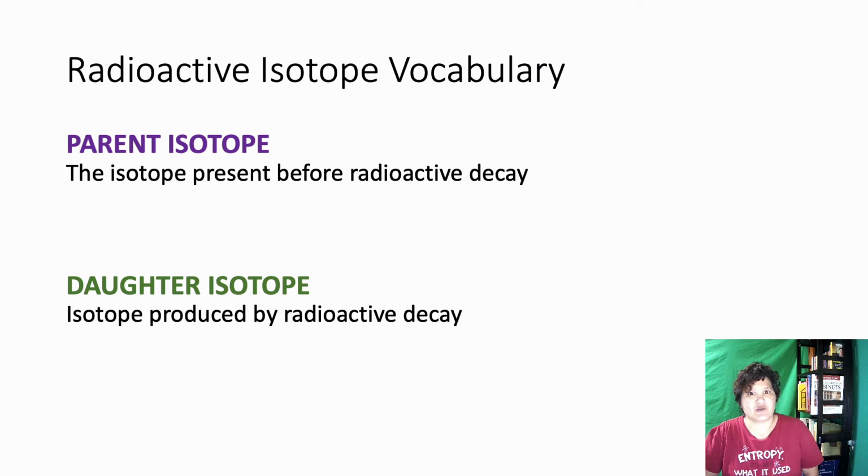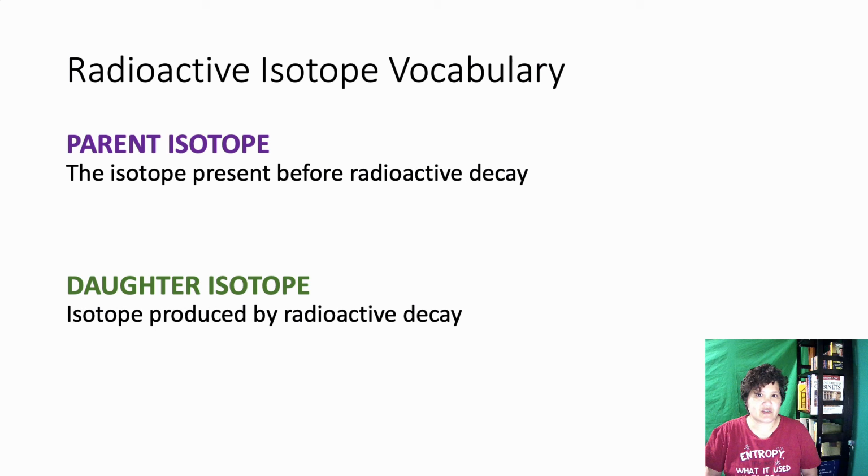And then I don't know why they had to be gender specific here. It's not the child isotope, but the daughter isotope is what's produced by radioactive decay. So whatever isotope of that element is left after radioactive decay, that's the daughter isotope. Sometimes you'll see it referred to as the radiogenic daughter or the daughter product.